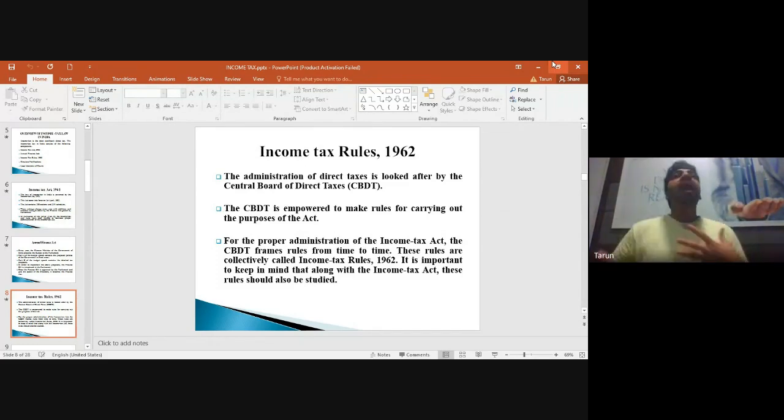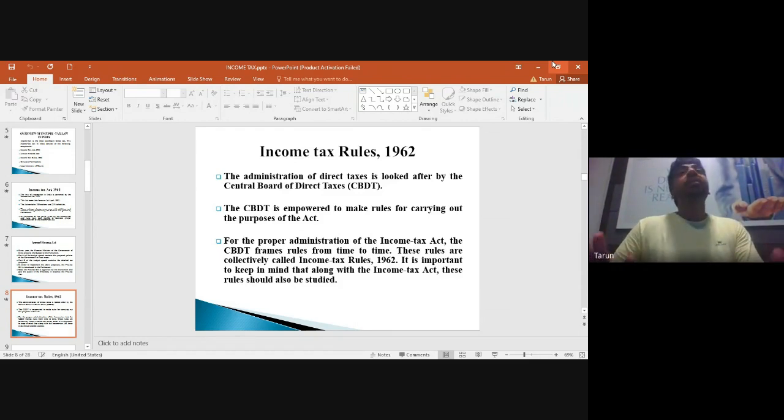You have to apply them in your theoretical part and your practical part as well, which will be taught in the upcoming sessions. But before you apply something in any theoretical aspects, these rules must be studied, and they must be applied when it comes to the practical aspects, right?